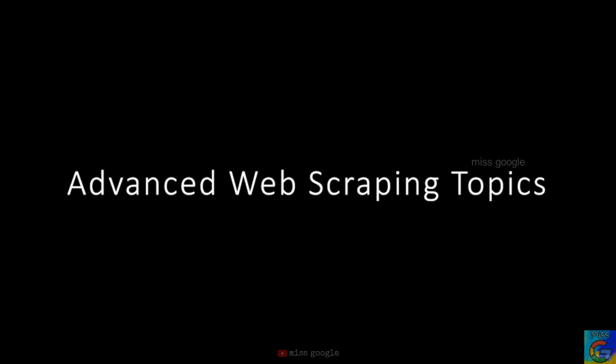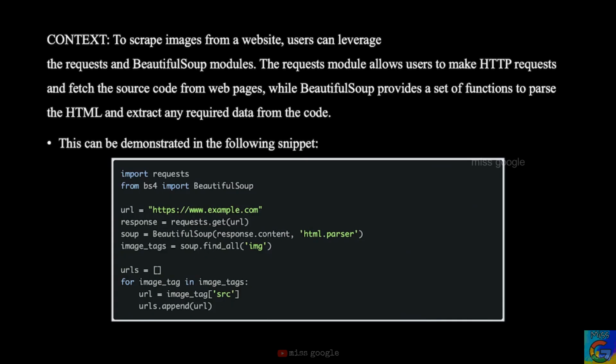So let's go through a step-by-step, line-by-line analysis of the program. As mentioned, the first line will import the requests library, which is used to make the request to the web page, and the Beautiful Soup class from the bs4 library, which is used to parse HTML and XML documents.